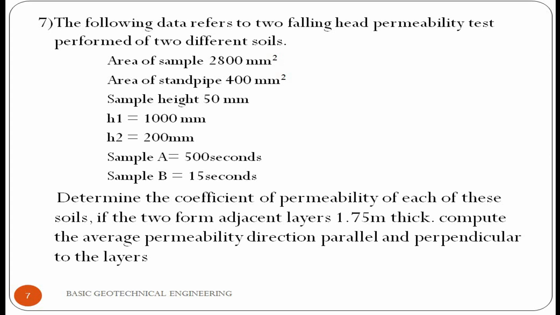Sample A time taken is 500 seconds and sample B is 15 seconds. Determine the coefficient of permeability of each soil. If the two form adjacent layers 1.75 meter thick, compute the average permeability in the direction parallel and perpendicular to the layers.